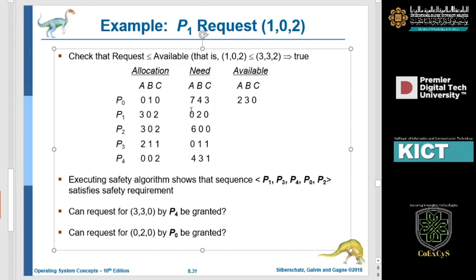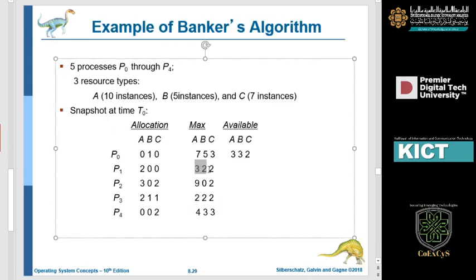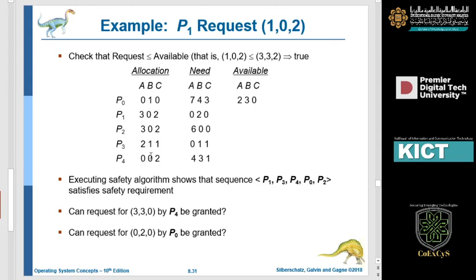So now if you give 2, it will become 322 allocated for P1, because the maximum amount that it needs is 322. When it gets all the resources, it will release 322, and this amount will again be available, so the available becomes, sorry, 552 in this case.